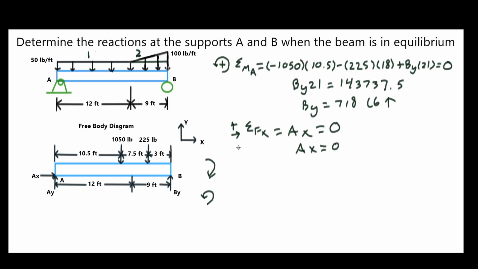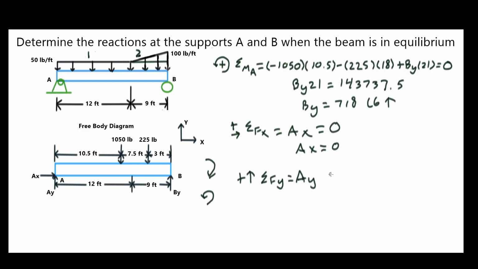Now for the Y direction, since I'm using just a regular positive Y-axis, we use the same directions for all our forces. So you have AY pointing up here, and that's going in the positive direction, and then our two forces here are pushing down, so those both are negative values, while BY is also pushing up, so that's going to be a positive value. So go ahead and write all these out.